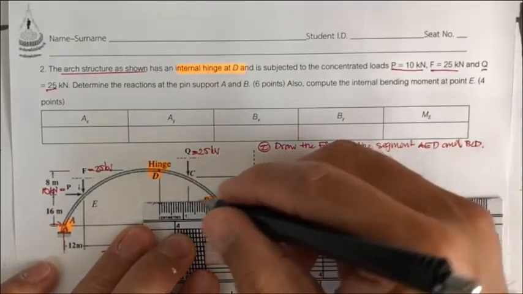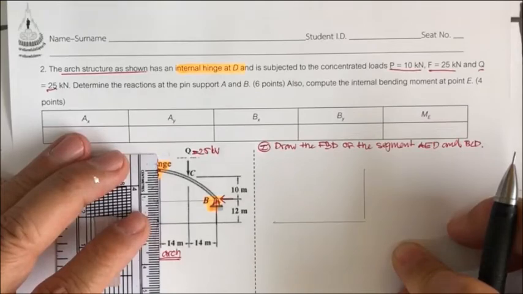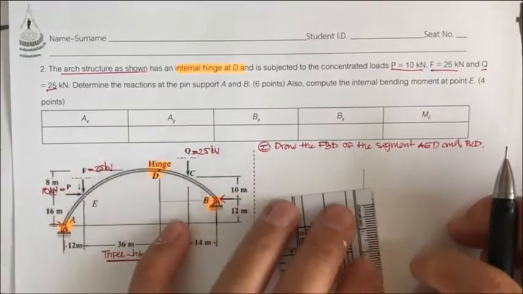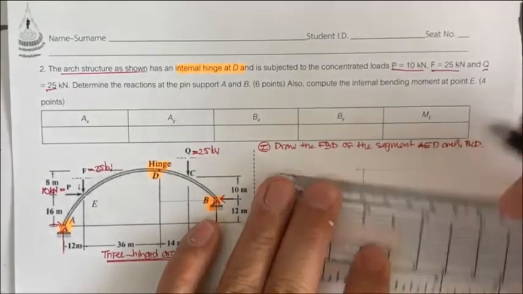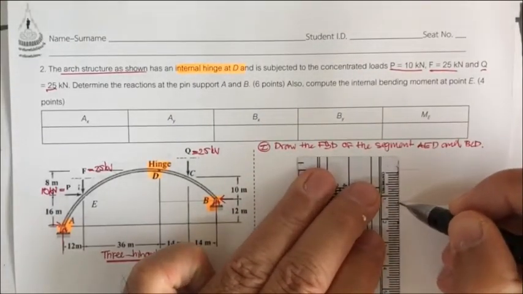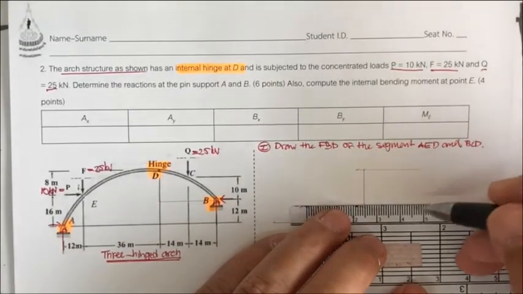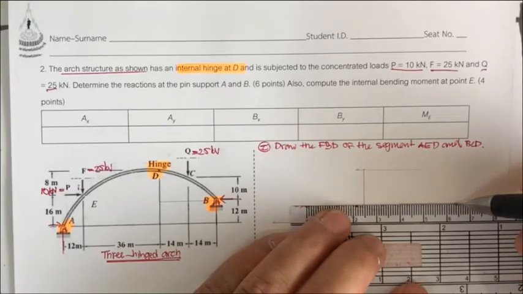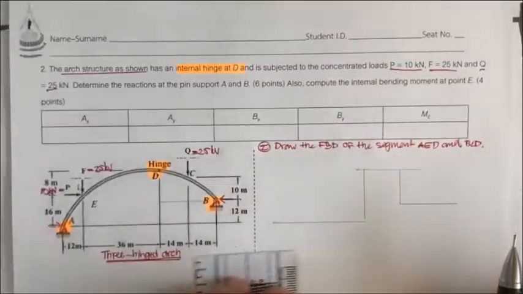And this is going to be 1.3. Okay, let's have this one for 1.3, and then another one is going to be 2.4.